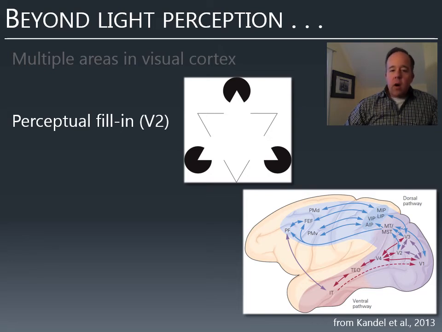Literally what's here are sort of three thin V-shaped lines and three sort of Pac-Man shaped objects. But that's not what your visual cortex probably interprets the stimulus as. So again, V2 tries to figure out the simplest explanation for what shapes are out there. And in this case, you probably see a white triangle sitting on top of simple shapes rather than a collection of 6 complex shapes.